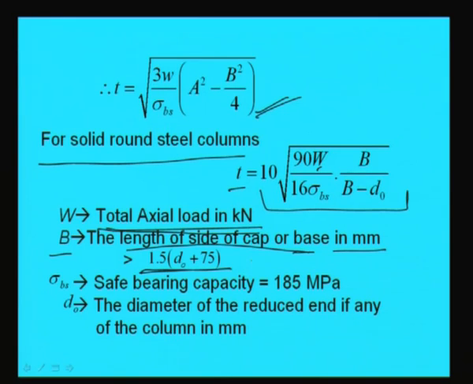What is d0? d0 is the diameter of the reduced end, if any, of the column in millimeter, and sigma bs is the bearing capacity of the steel, that is 185 N/mm². As per the codal provision, this value of sigma bs is 185.